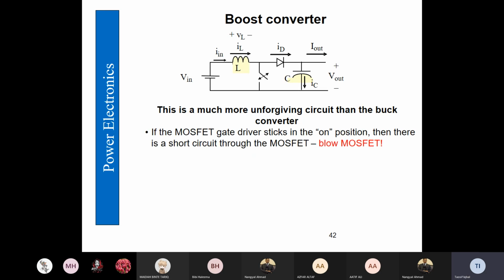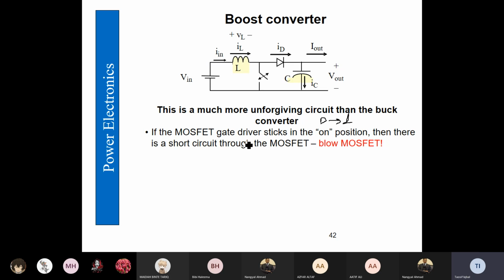So now let's talk about a little bit of worst case scenario for the boost converter. Boost converter is not as simple as buck converter, and because of the extreme duty cycles, it can be damaged very easily, and that can happen if we put the MOSFET in always on position. So therefore, the duty cycle in this case approaches 1.